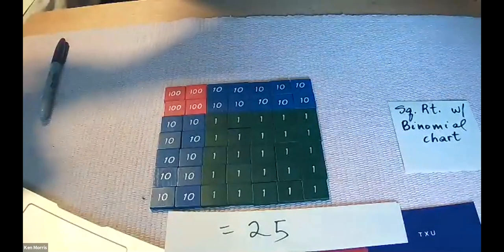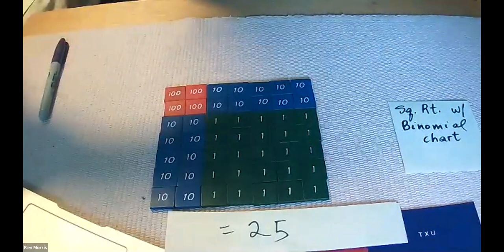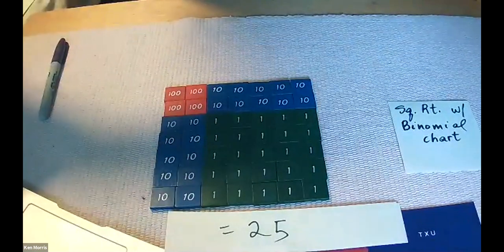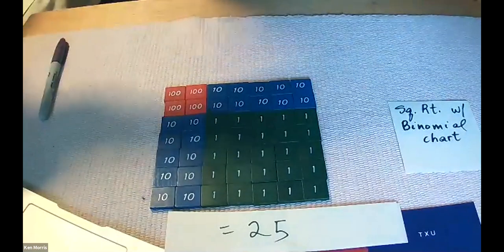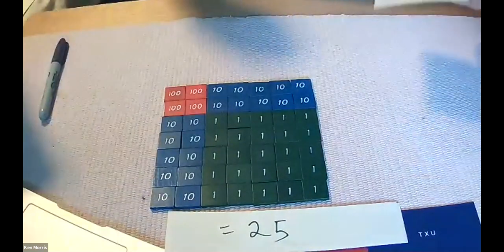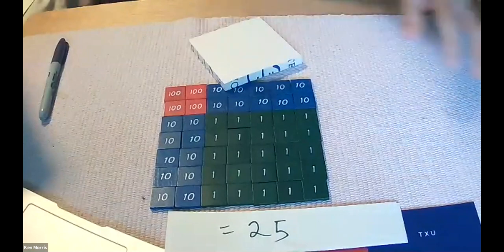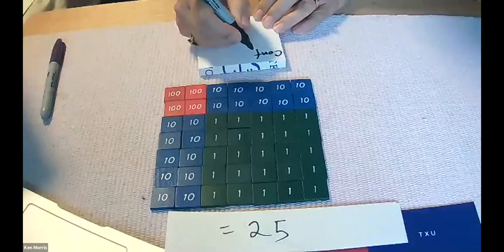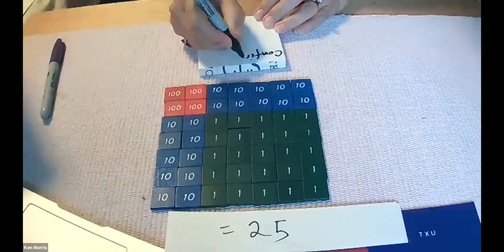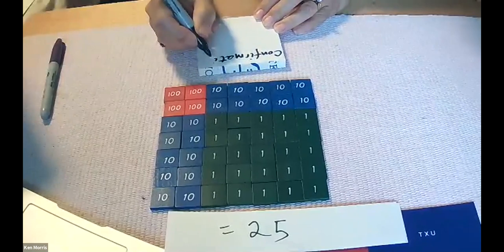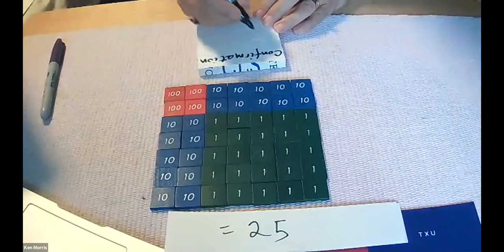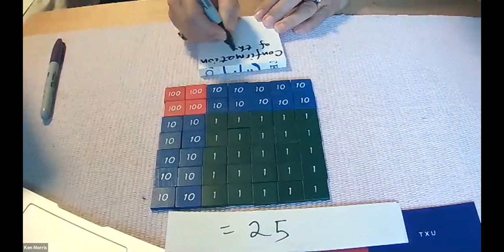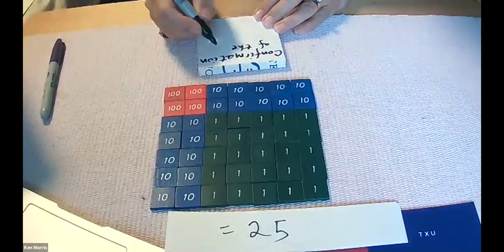Now we are going to move on to the next lesson, called Confirmation of the Square Root by the Last Digit. Some of these titles are terrible.